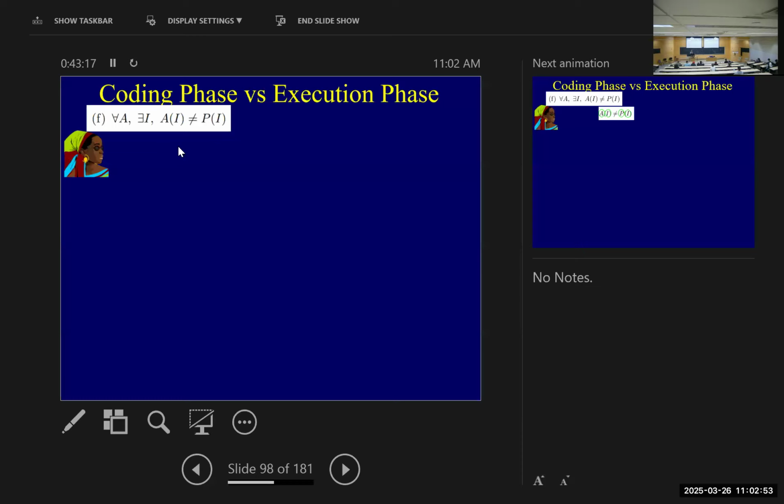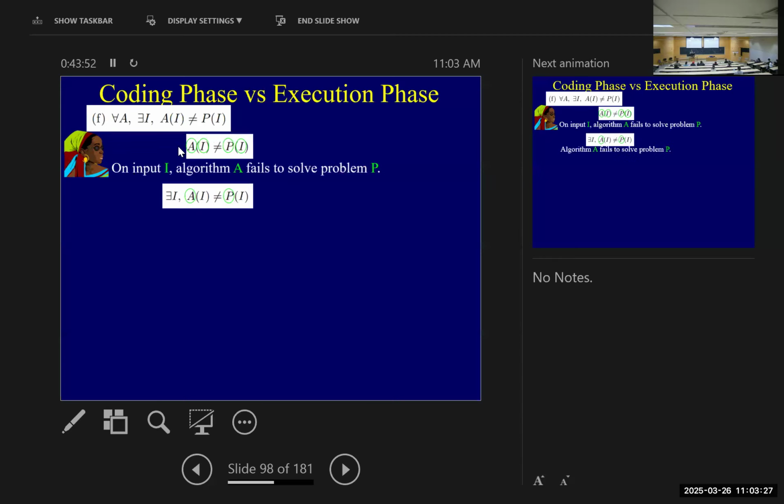What does this say? That there is an input that can make any algorithm wrong. So said in English, P is unsolvable, uncomputable, right? This is the negation of P is computable, right?